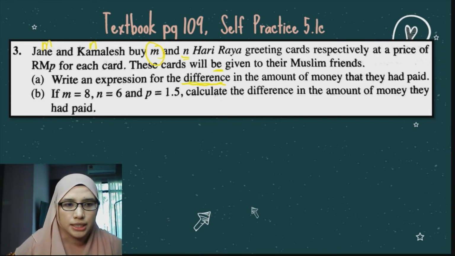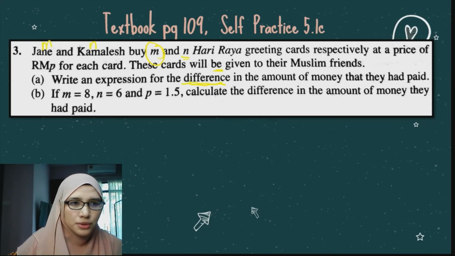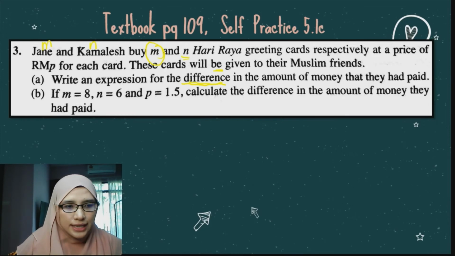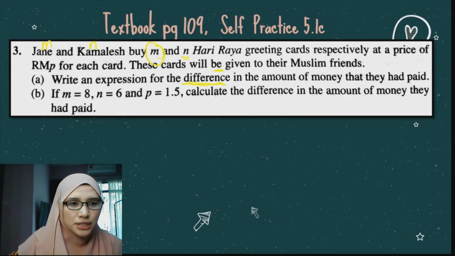So here we need to use minus, and we need to know who subtracts who. Jane minus Kamalesh or Kamalesh minus Jane. For this type of question, you need to reread the question. Stated here, Jane is mentioned first. So we can assume Jane minus Kamalesh.